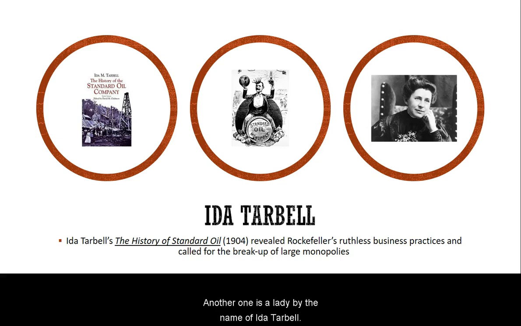Another one is a lady by the name of Ida Tarbell, and she's a person who writes a book to expose Rockefeller. Remember, Rockefeller is our oil monopoly guy. And she really does not agree with his business practices and doesn't agree with how monopolies are affecting the economy.